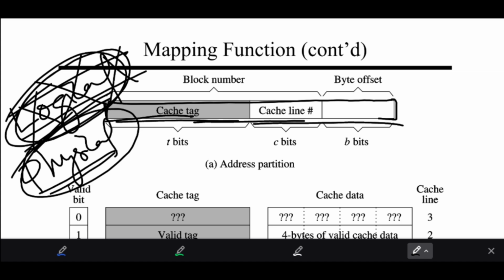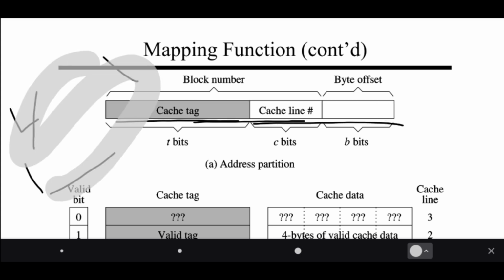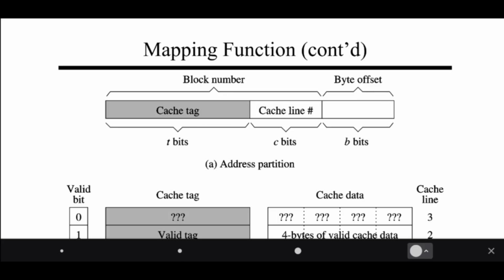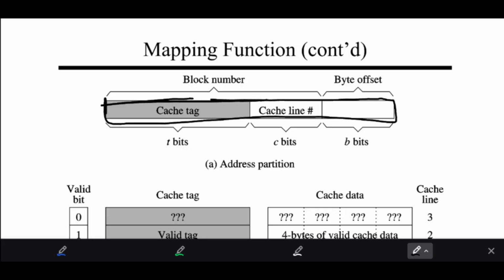For a logical address we may have to search everything, but in the physical address we have the exact location. This address is generated by our memory management unit.